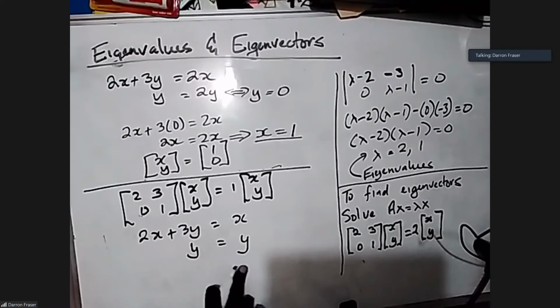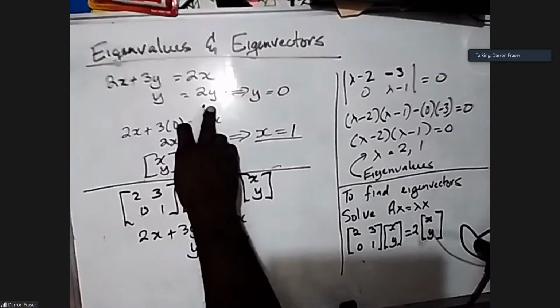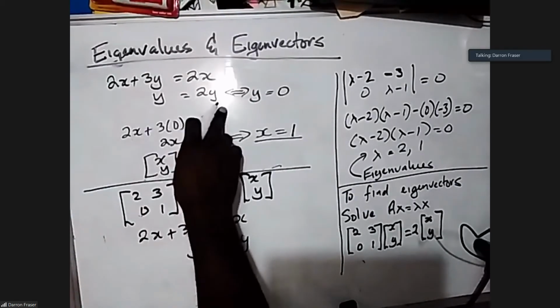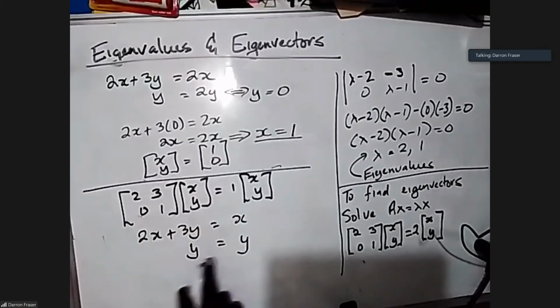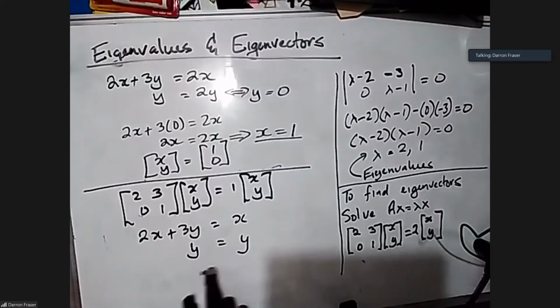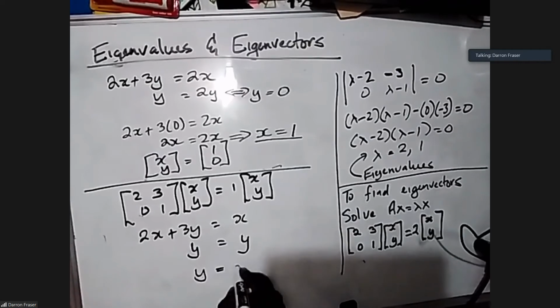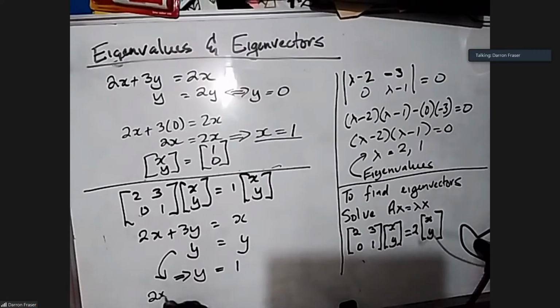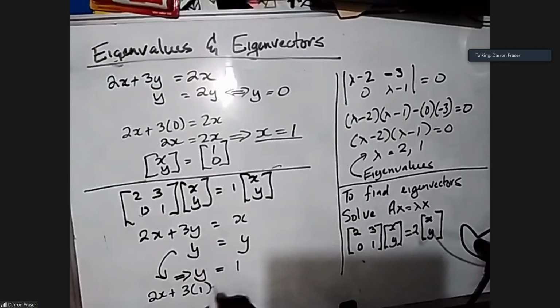The only way I'm going to get a value for y to equal y is if y equals 0, but if we can, we avoid a zero answer. This says choose any value of y you want, so I'm choosing y equal 1. Plug that in here: 2x plus 3 times y is equal to x.